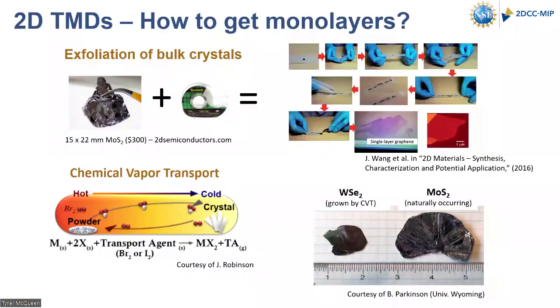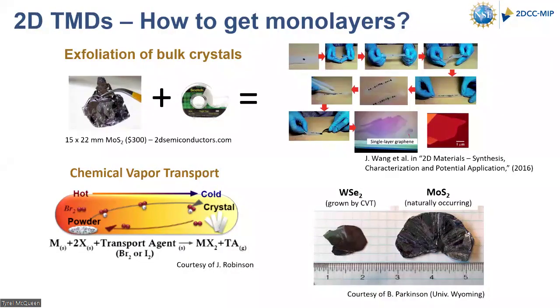Of course, the drawback is that the flakes that you get are irregularly shaped. They're small. It's not a reproducible process. But I don't want to poo-poo it, because being able to make monolayers by exfoliation has really advanced the field rapidly, right?